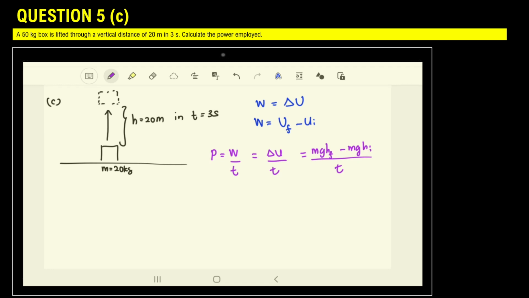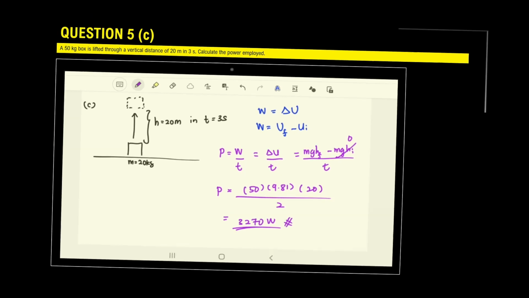Initially there is no height, so this is 0, and power is equal to 50 times 9.81 times 20 over 3, which is 3270 watt. So we finish question 5C.